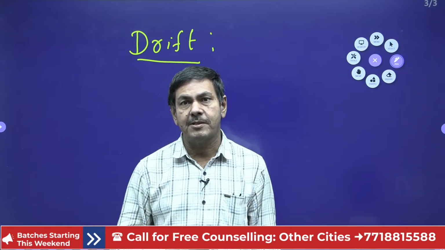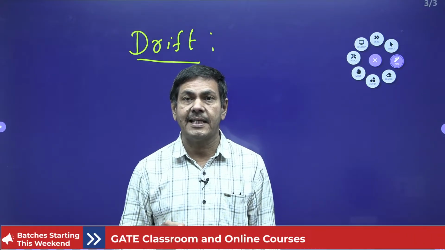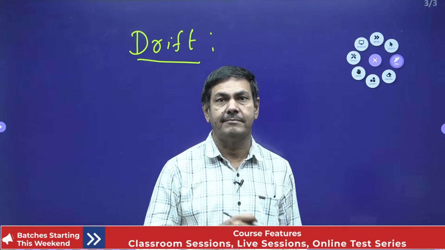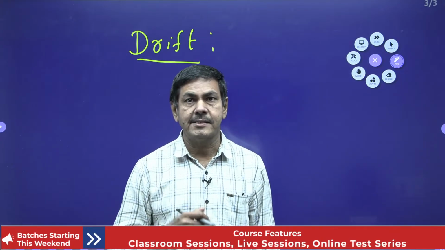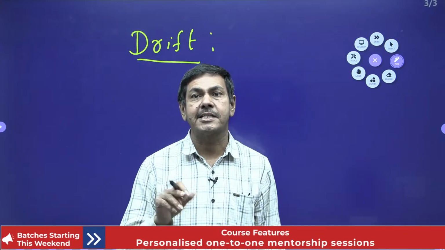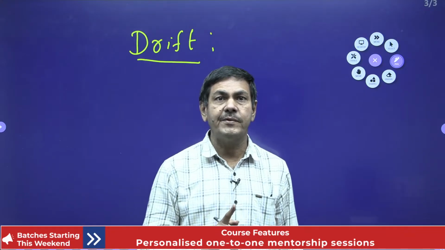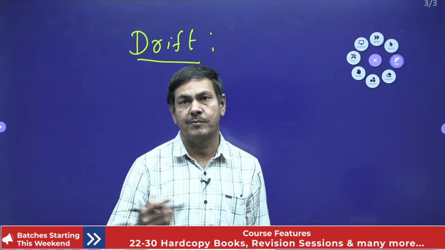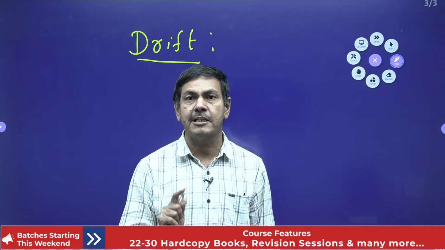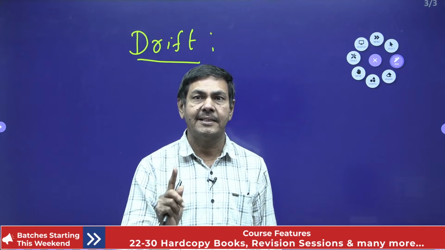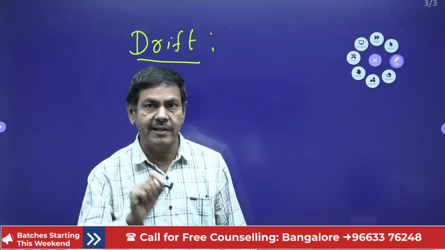Drift current is possible whenever an electric field intensity exists in any material, or a potential difference exists between any two points. Without the electric field intensity or potential between two points, we cannot find the drift current.